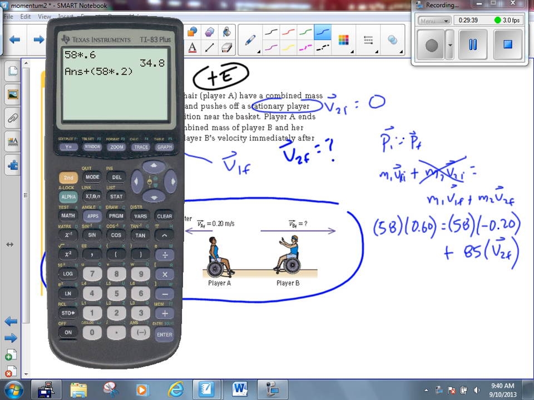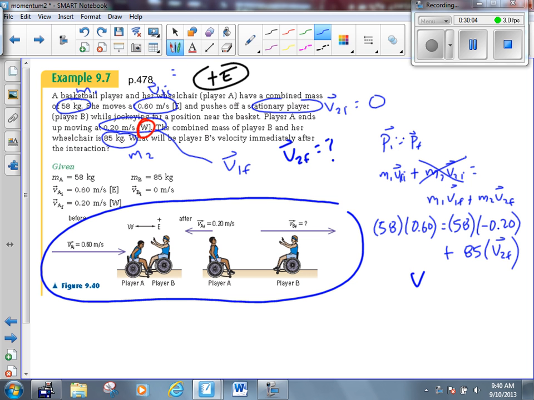It becomes a negative. 58 times 0.2 is a negative, times negative 0.2 is a negative value. How do I get it to the other side? I add a negative value to the other side, right? So it becomes whatever I get on the left-hand side plus 58 times 0.2. I'm going to press equals now, and then I'm going to divide that by 85. I end up getting a velocity of 0.55.